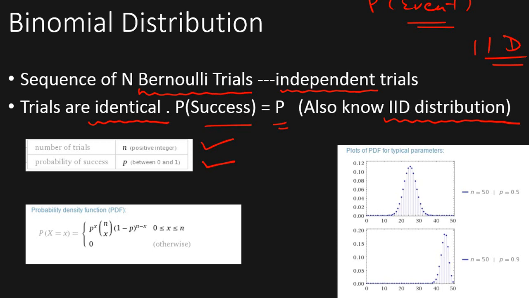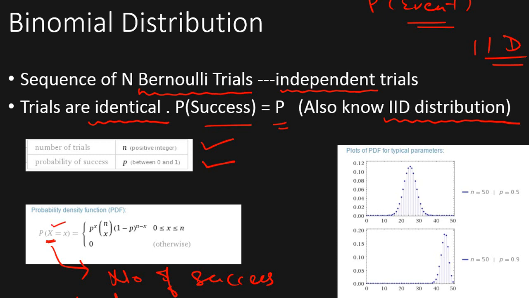The probability that the random variable x takes a value. So what is x in this case? The random variable x takes the value of the number of successes, or the number of events happening, or the number of outcomes of interest occurring in the n trials. For example, if you want to know how many heads are happening, getting a head is an event here. So how many heads are we getting when we have n trials? That is captured by the random variable x.